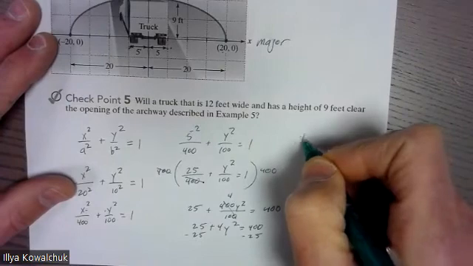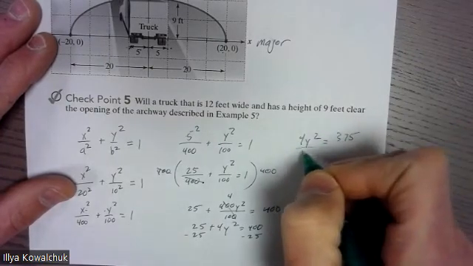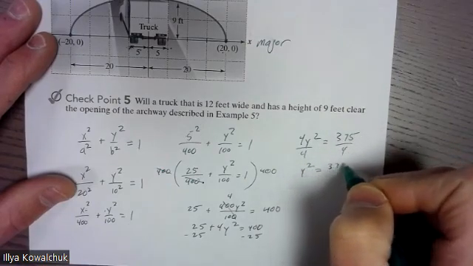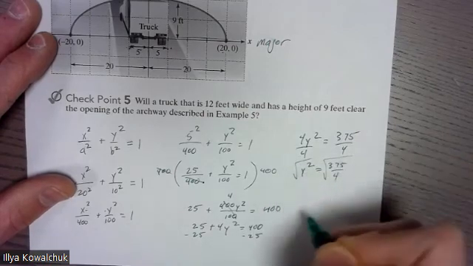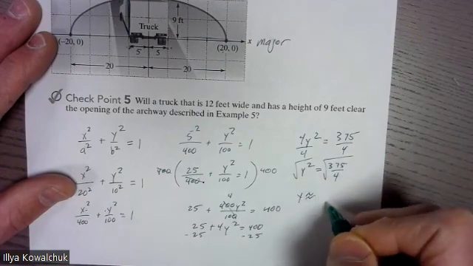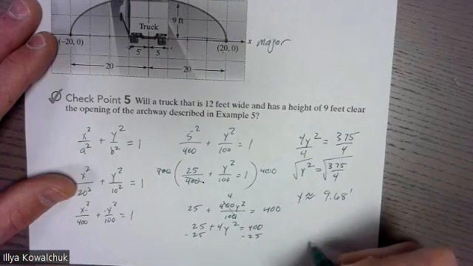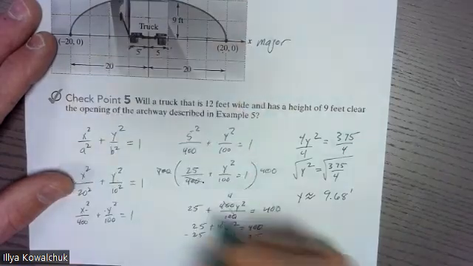Coming up here, 4y squared equals 375. Divide by 4. Y squared equals 375 divided by 4. It doesn't go evenly. Square root both sides. Y is approximately, if I do this math on my calculator, 9.68 feet. So that tells me that at 5 feet away from the center, the height is 9.68 feet.